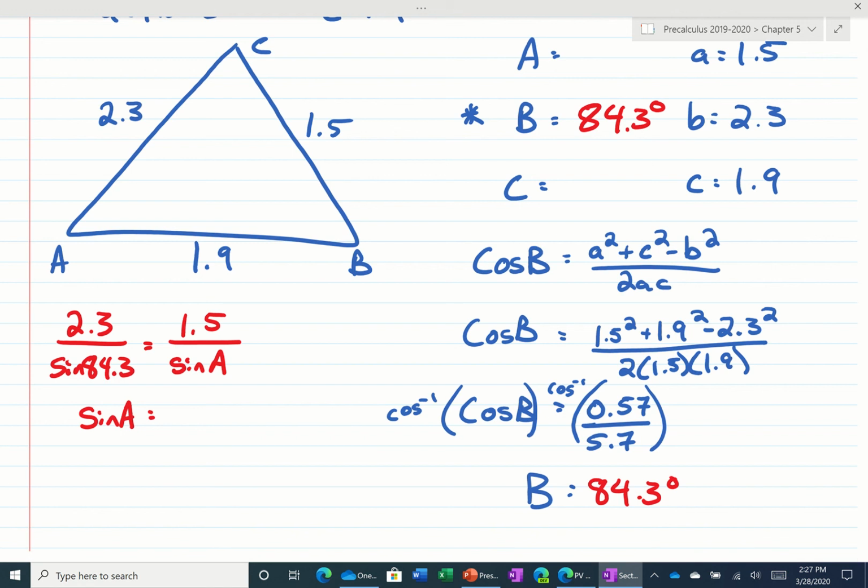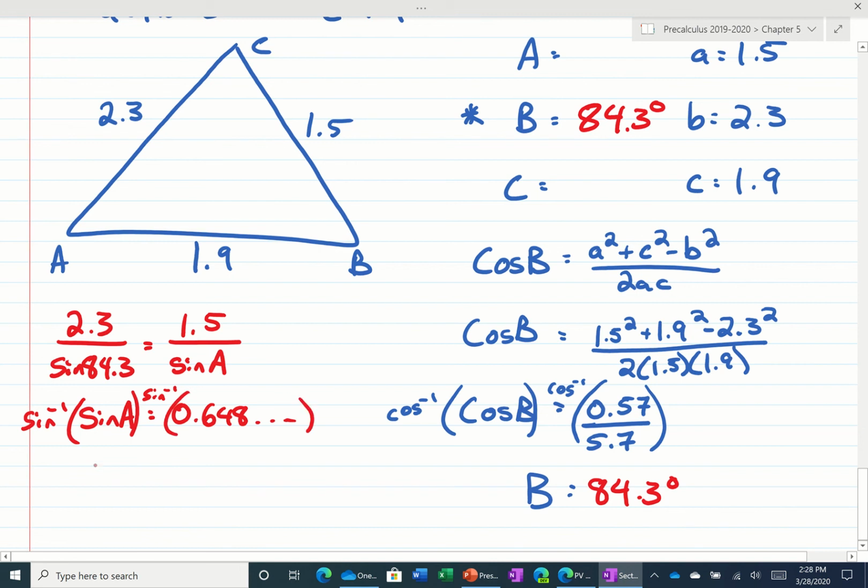So 1.5 times the sine of 84.3 divided by 2.3. My calculator's telling me that's 0.648 whatever. At this point, we take the inverse sine of both sides. And if we do that, inverse sine of that answer is 40.5 degrees.